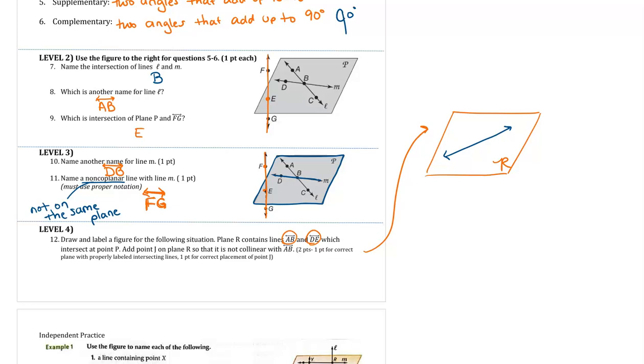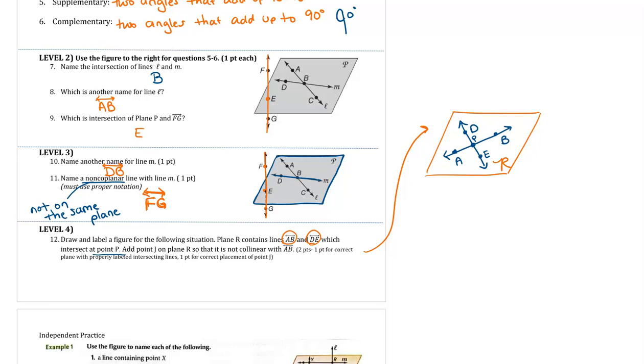We've got 2 lines that are intersecting. The first line we have to make sure has a point A and a point B on it. The second line has to have a D and an E, and they're intersecting at point P. So this point where they meet is point P.